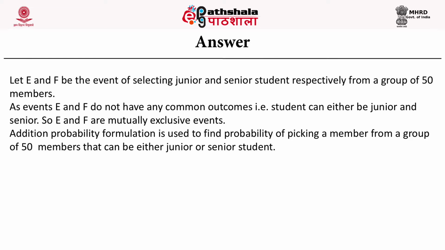As events E and F do not have any common outcomes, a student can be either junior or senior, so E and F are mutually exclusive events. The addition probability formulation is used to find the probability of picking a member from a group of 50 members that can be either a junior or senior student.